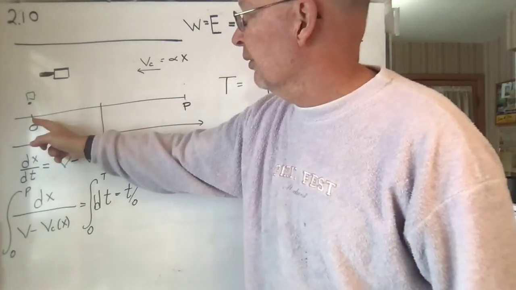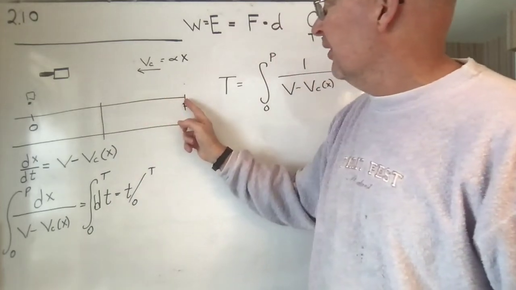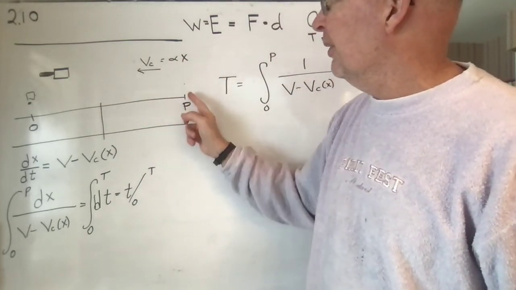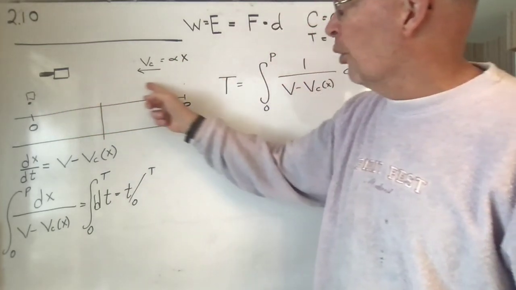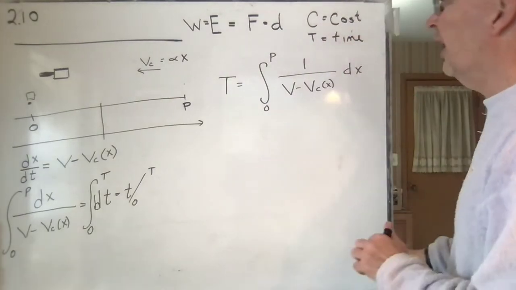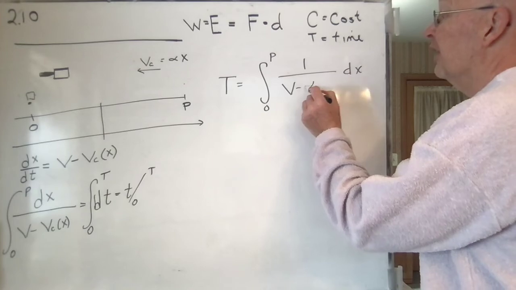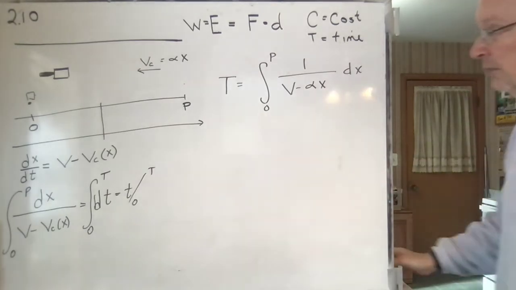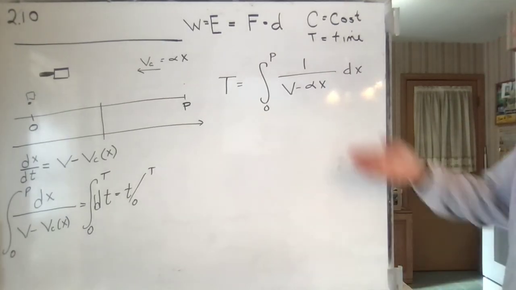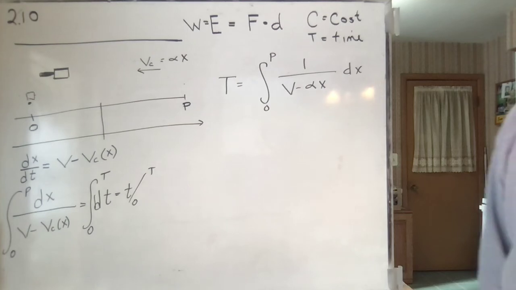Right here the current is 0. By the time you get to p, it's going to be alpha times p, and it's just going to keep going faster and faster as you go. So now we can go ahead and put in alpha x right there, and we have that expression.